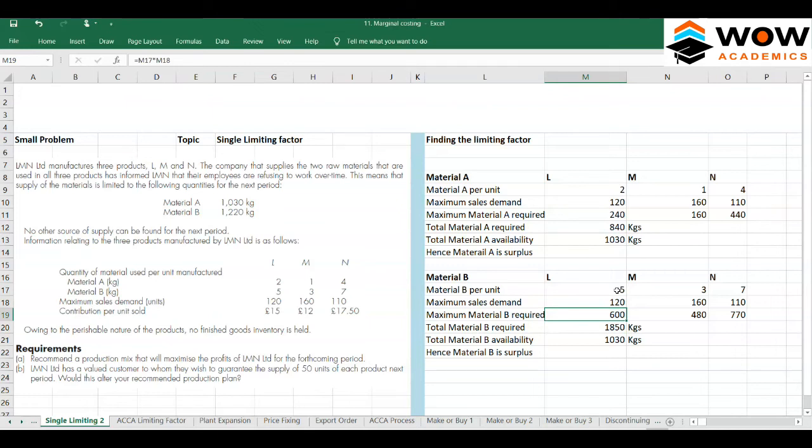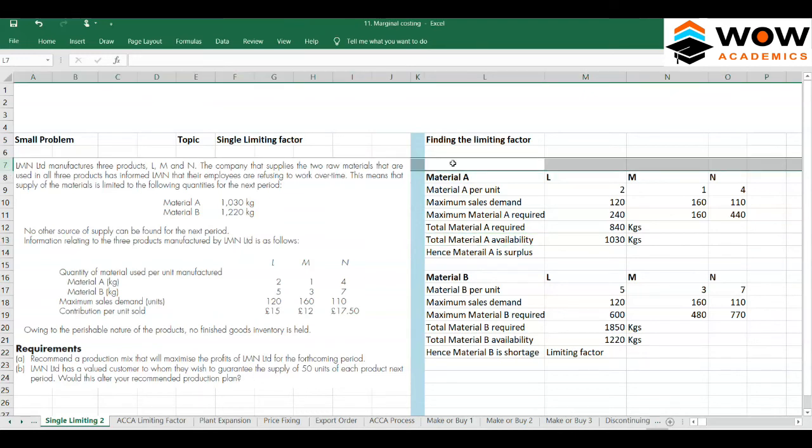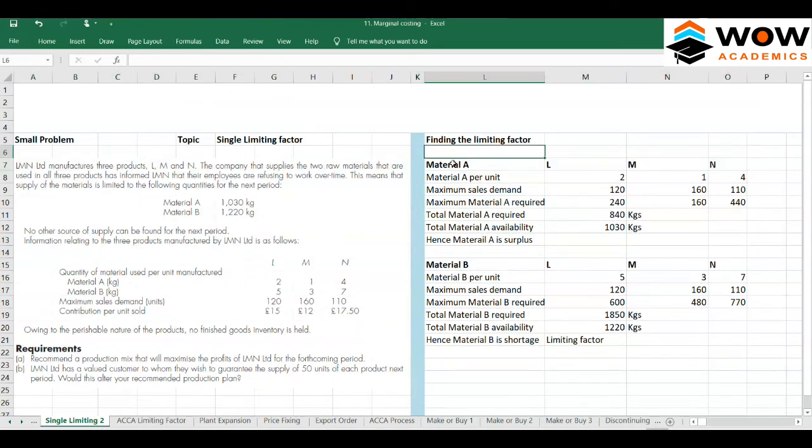Maximum required is going to be 600, 480 and 770. Add all of them together and you require 1850 kgs. Availability is only 1220. So this tells you that material B is in shortage, and whichever item is in shortage will become the limiting factor. So material B is the limiting factor, not material A. Even though two materials have been given as limiting factors, only one of them will be the true limiting factor. That's how the problems are designed.